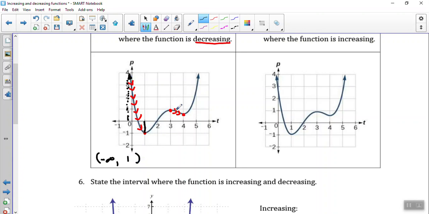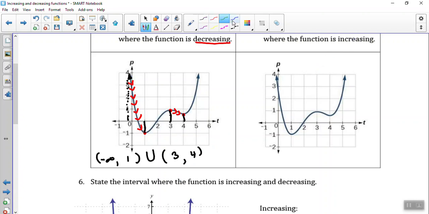Okay. And then it's also decreasing here. Remember, in math, we use this union symbol to represent and. And then we're going to put another set of parentheses and then say that it's decreasing again from x equals 3 until x equals 4. Okay?